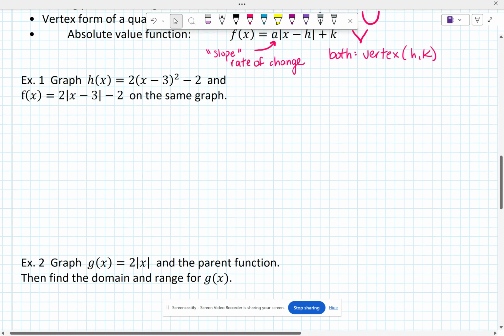So example 1, graph h of x, which is a quadratic, and f of x, which is an absolute value, on the same graph. And we're going to compare and contrast. How are they different? I'm going to choose to use 2 different colors here, and you might find that helpful on your paper as well.